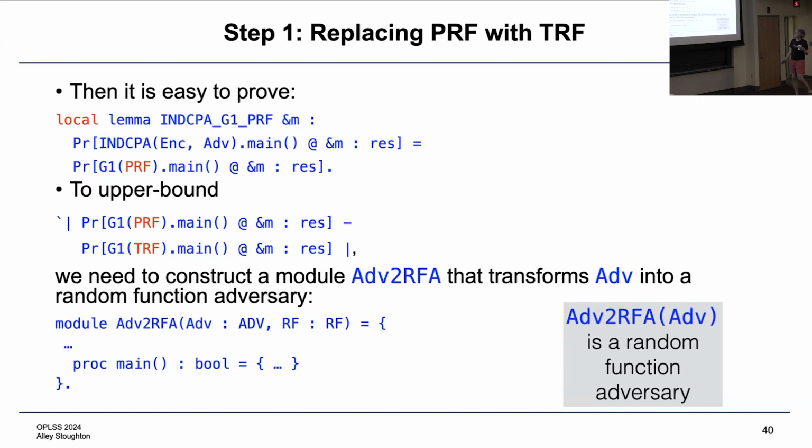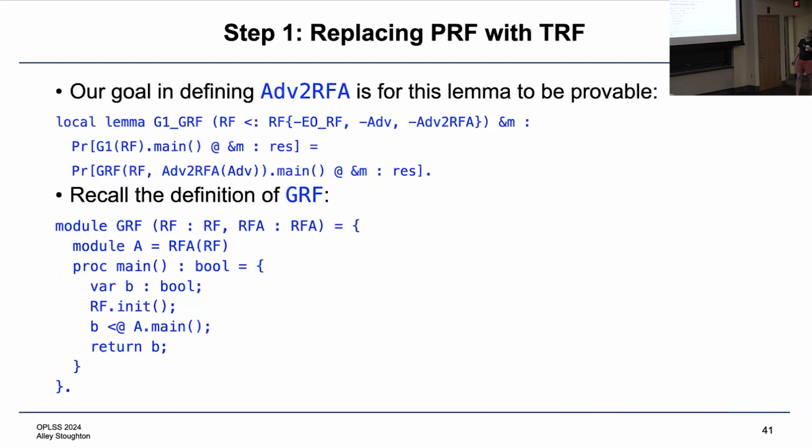What is this thing going to be? Let me explain how we should think about this. What we want is to be able to prove a perfect equivalence between G1 of some RF that doesn't interfere with anything relevant, and the random function game, which is this applied to RF and a constructed random function adversary built out of the real adversary.